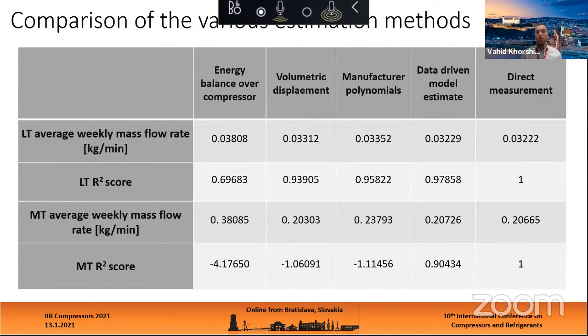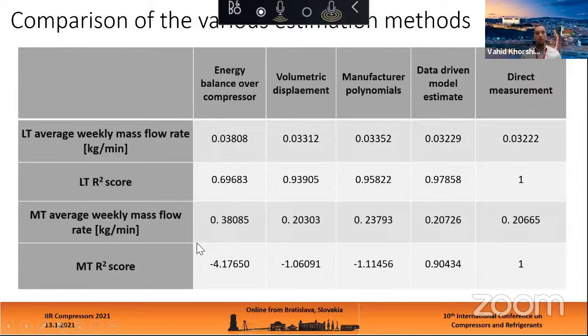Regarding the LT compressors, all the methods more or less give a relatively good result, except the energy balance. This indicates that the energy loss value that we assume is usually overestimating the mass flow. So it is underestimating the heat loss, in other words.